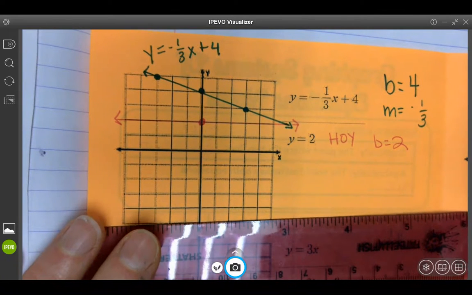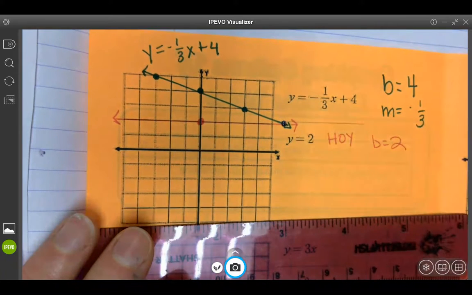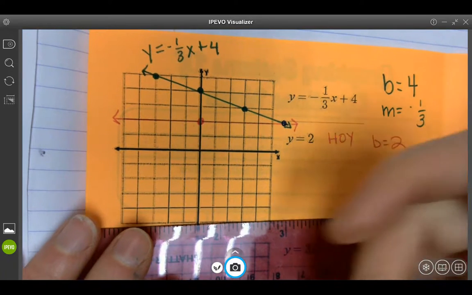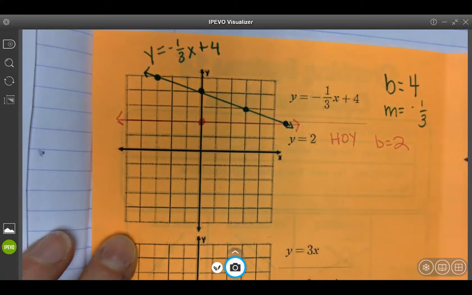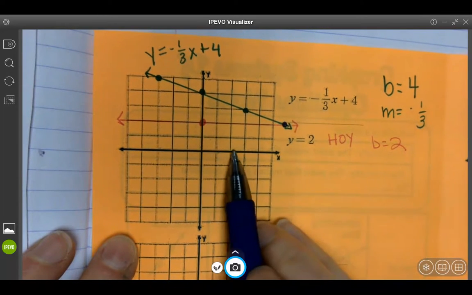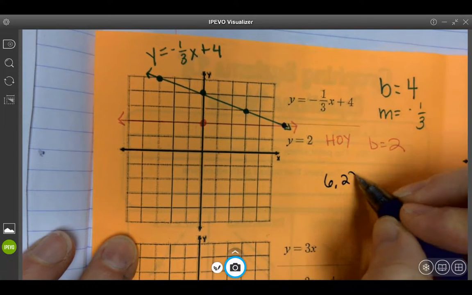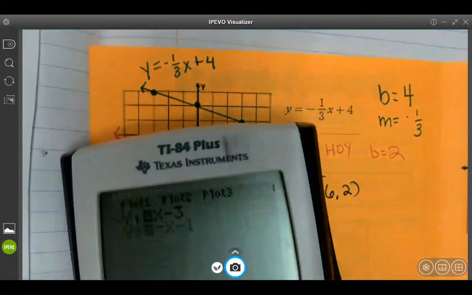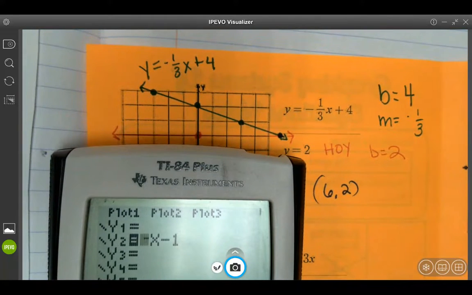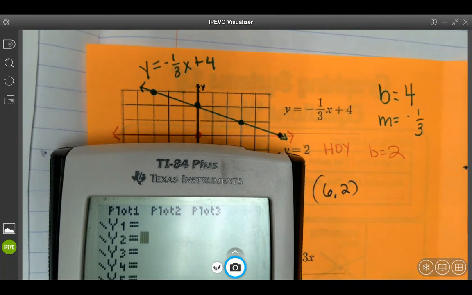So to solve the system, we're looking for where they intersect. So it looks like right here, but it's off my grid. So this is where the calculator is going to be helpful. Let's think about, what do y'all think it is? 6, 2. So let's make sure. Let's put it into y equals. Clear out what's in there. I want everybody to practice putting it in the calculator.